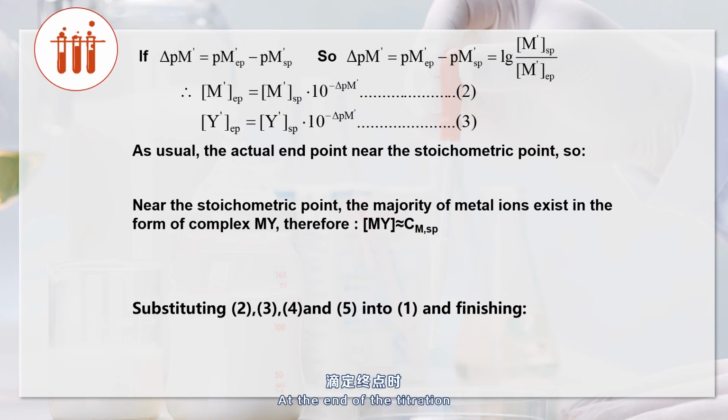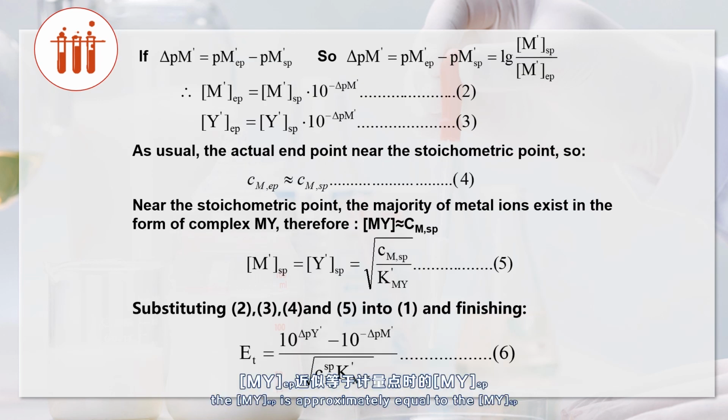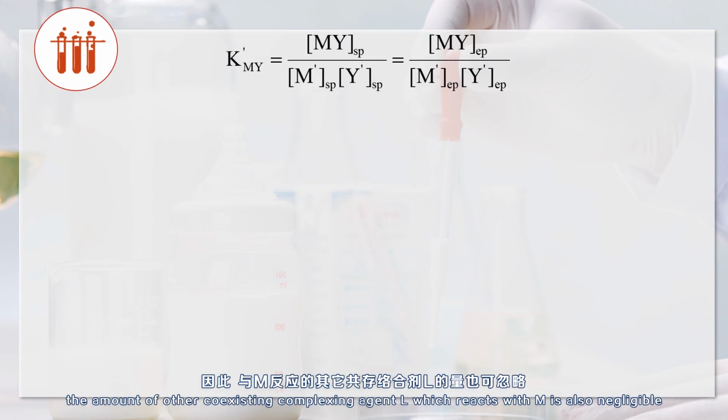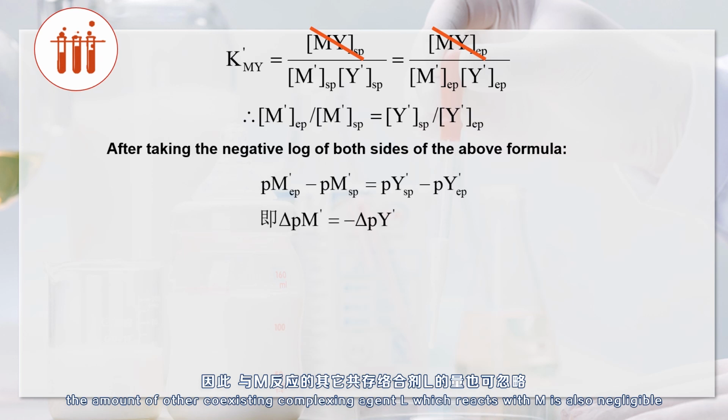At the end of the titration, the MPEP is approximately equal to the MYSP, and the difference of solution volume is very small. Since the concentration of metal ions not complexing with Y, M', is very low, the amount of other coexisting complexing agent L which reacts with M is also negligible.